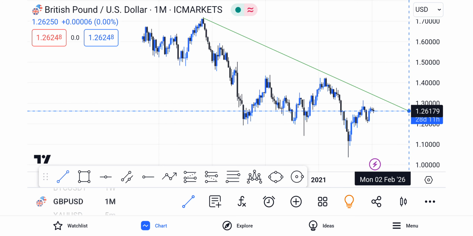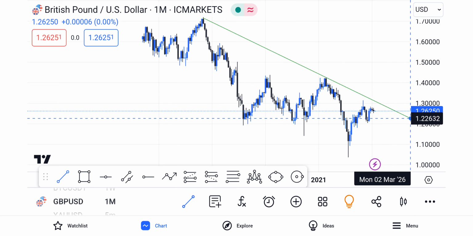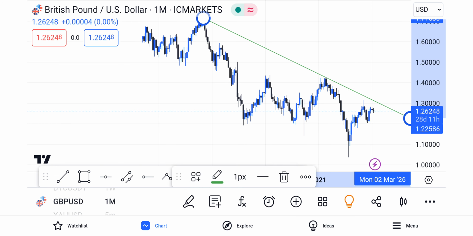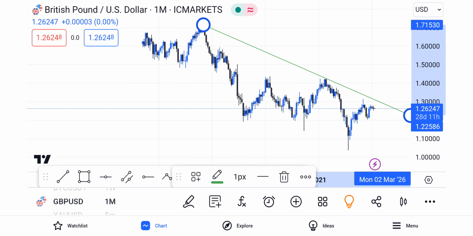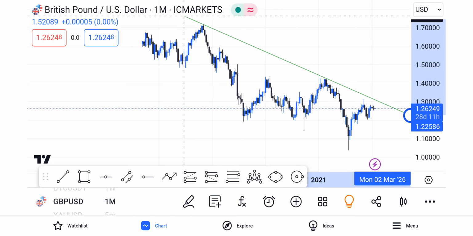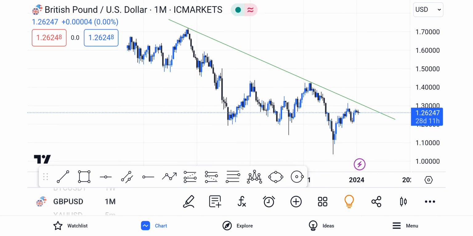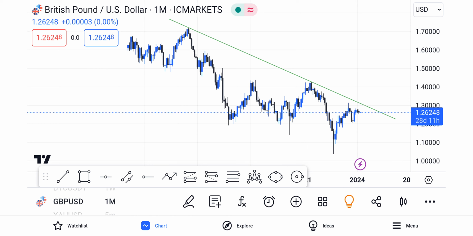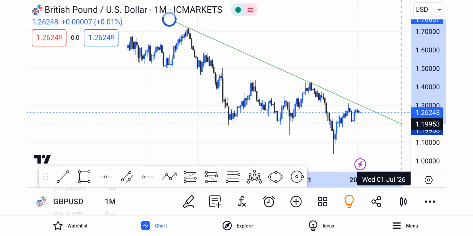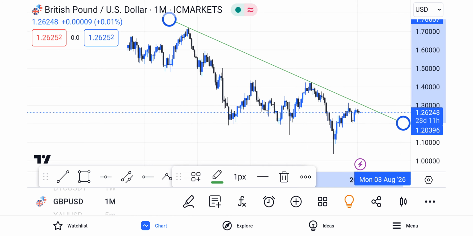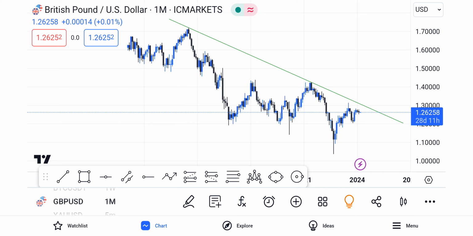So permit me, I usually like to do my analysis on my phone. You can do this on your tablet, on your laptop, wherever you feel comfortable to do your analysis. It is good. I always like my areas to have these perfect touches so that I have good reactions on these points. So that is it on the monthly time frame.